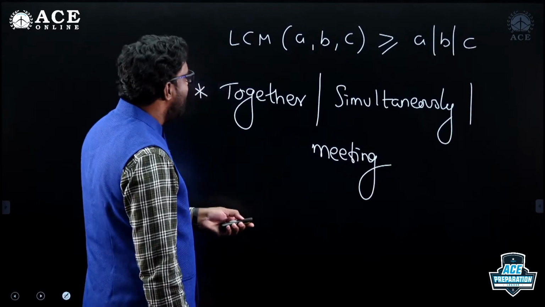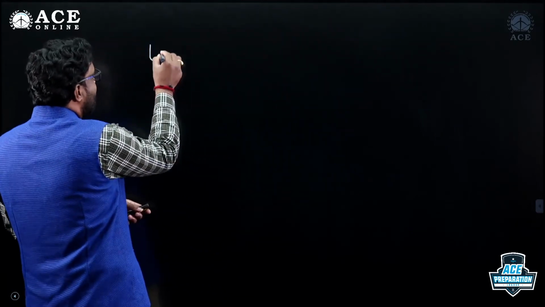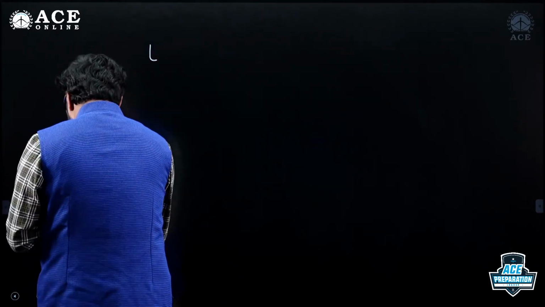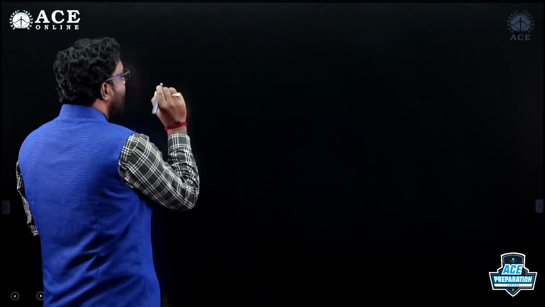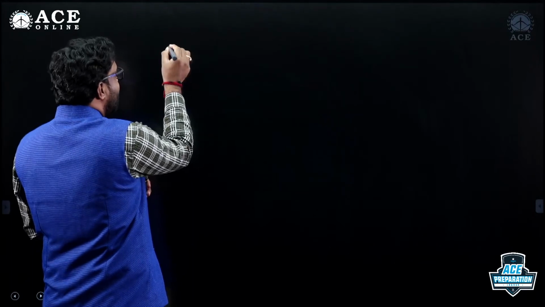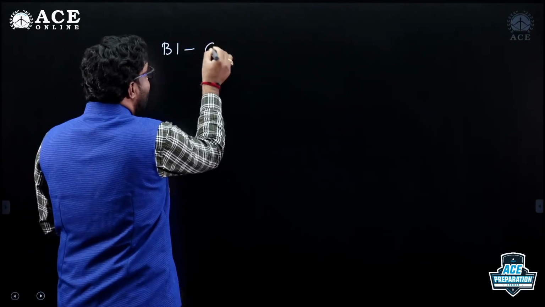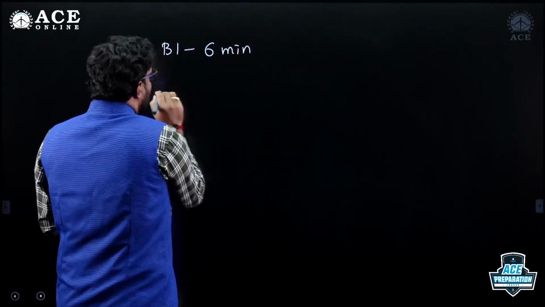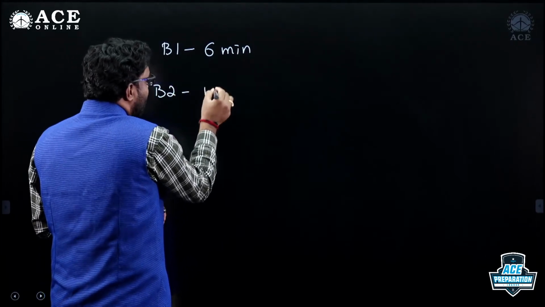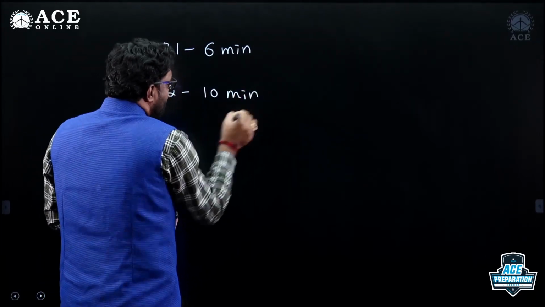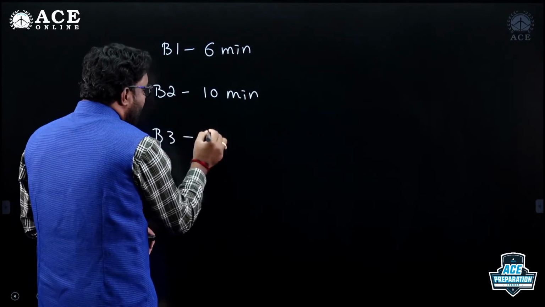It's a simple point, my dear friends. As I mentioned, for 6, 10 and 15 the LCM is 30. We discussed in the previous session how we got this. Here I want to justify why you have to apply LCM in these cases. Bell 1 rings every 6 minutes, bell 2 every 10 minutes, bell 3 every 15 minutes.